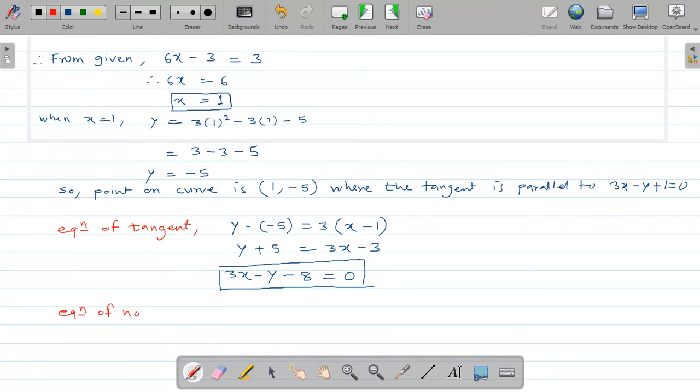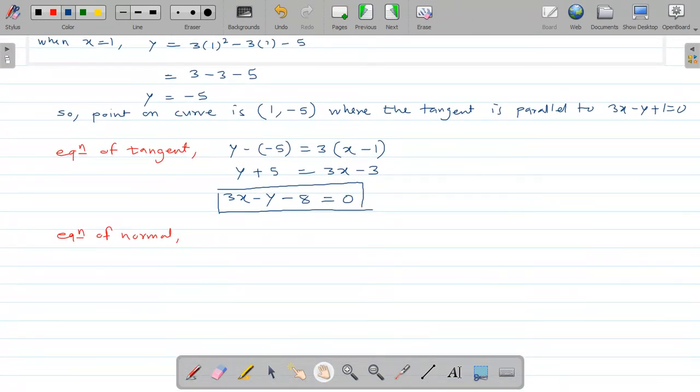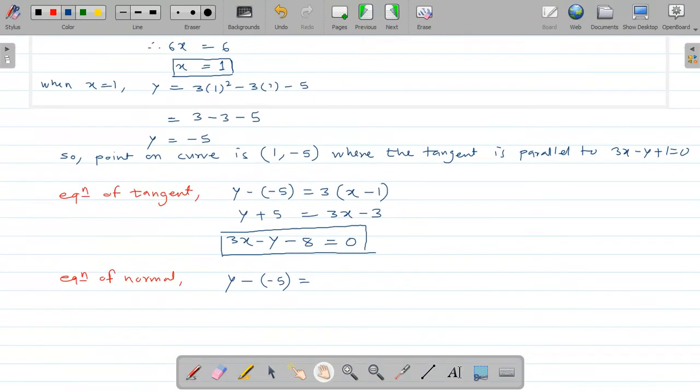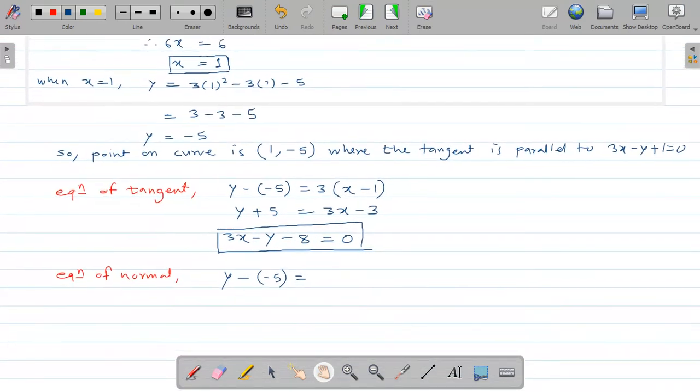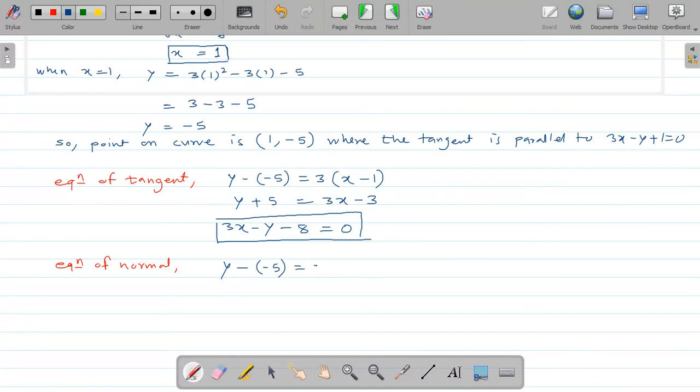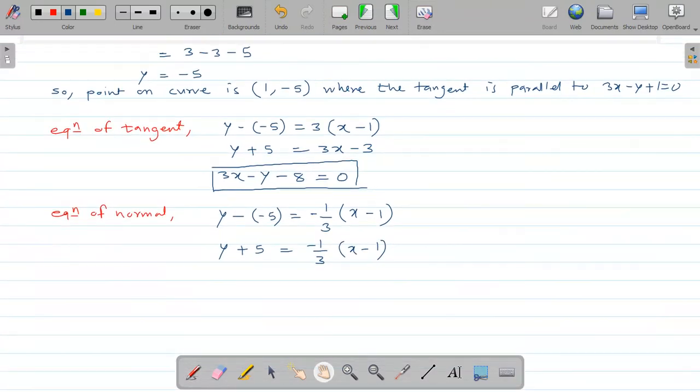Similarly, find out the equation of normal by using slope point form. So equation of normal is, see here, y minus y1 is equal to m. Now slope of the normal is minus 1 by 3 into x minus x1. So that gives y plus 5 is equal to minus 1 by 3 into x minus 1. Now multiply both sides by 3.